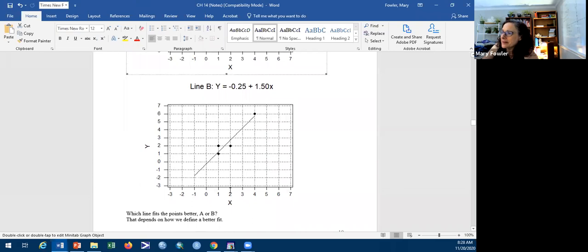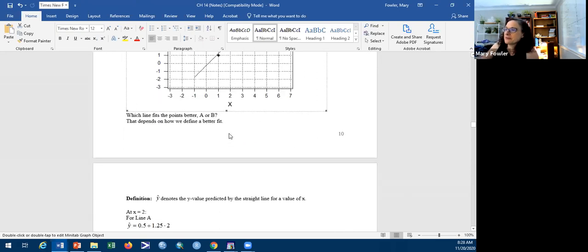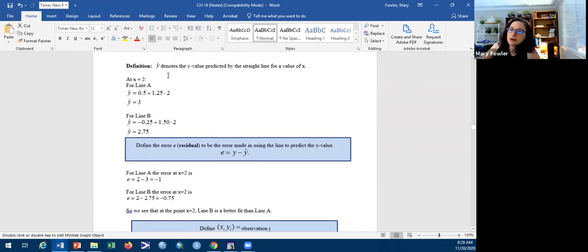And for line B at x equals 2, we're going to go straight up, and notice that it crosses not really at the height of 3, but just below it, and it gives us over here 2.75. Okay, so that's the visual, the graphical. We really have to rely on the equations whenever we can.